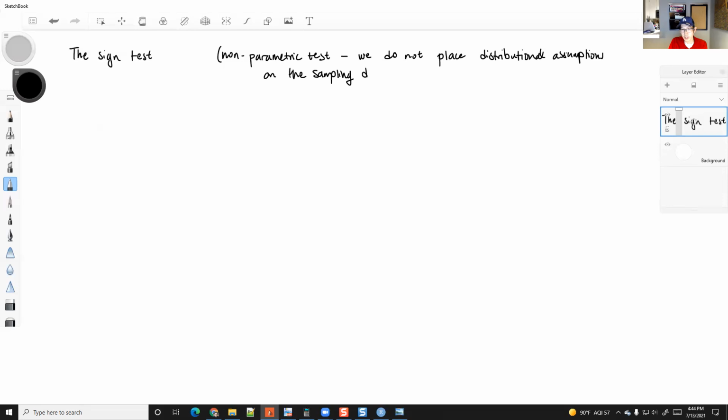So when we do the t-test, we're assuming that the central limit theorem works, okay? And we didn't get into the theory of the central limit theorem.